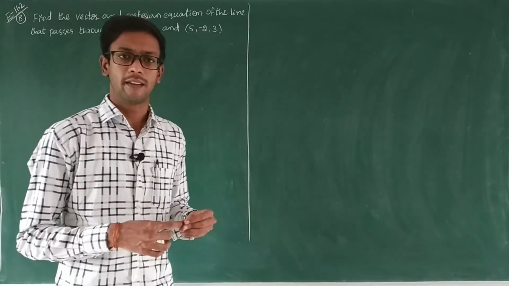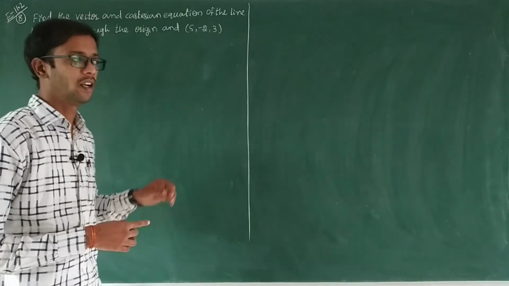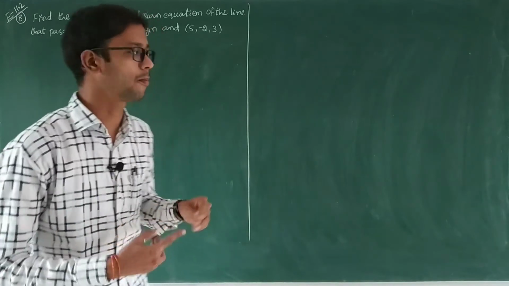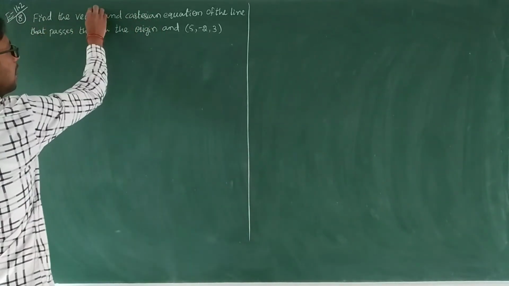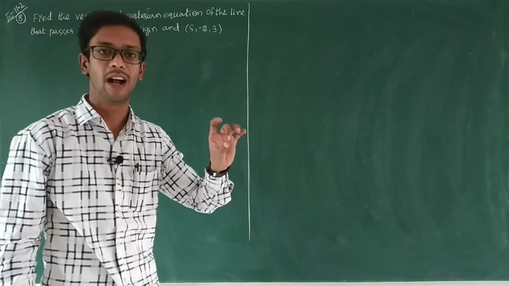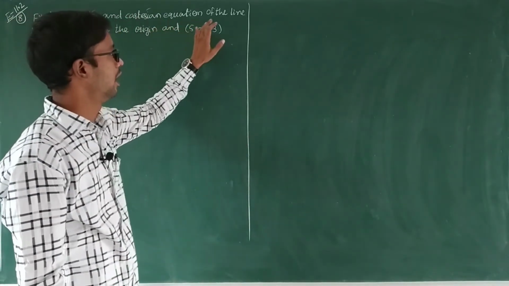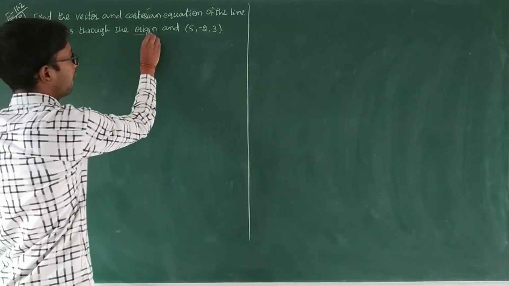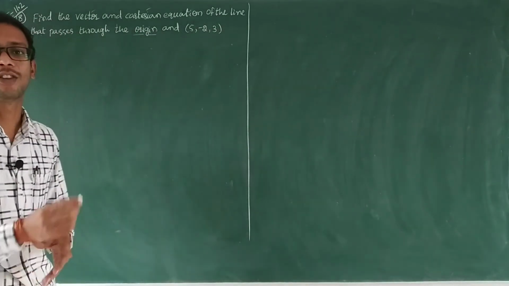See, next problem number 18, exercise 11.2, problem number 8. Similar problem. Find the vector and Cartesian forms of the equations of the line passing through the origin and the point. Origin is also 1 point.